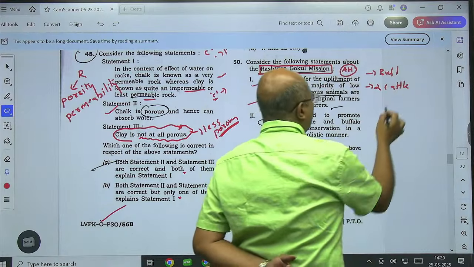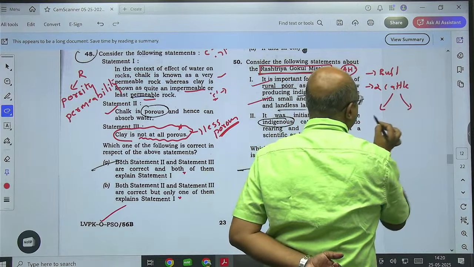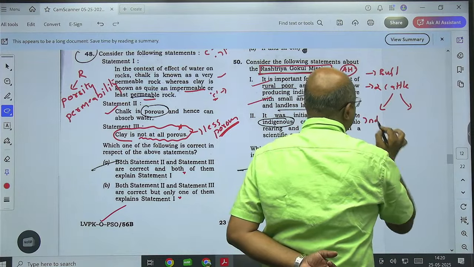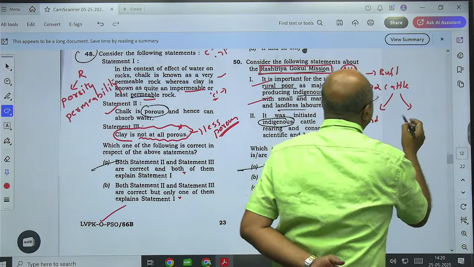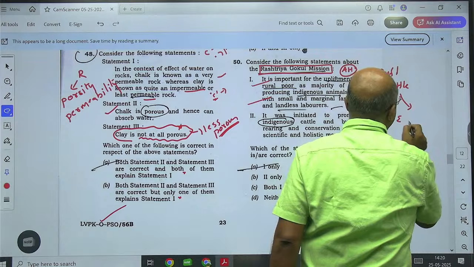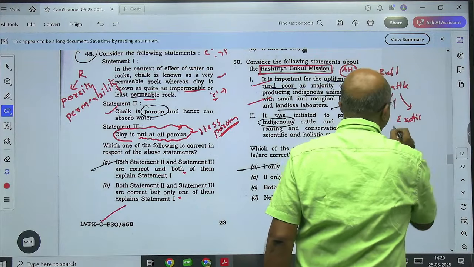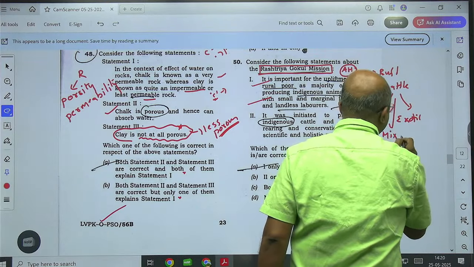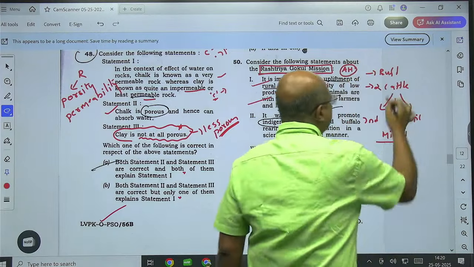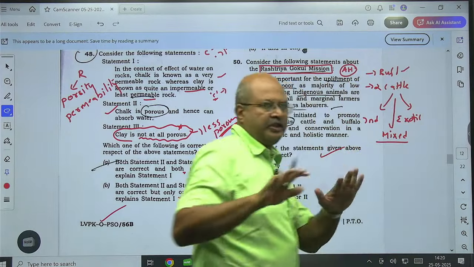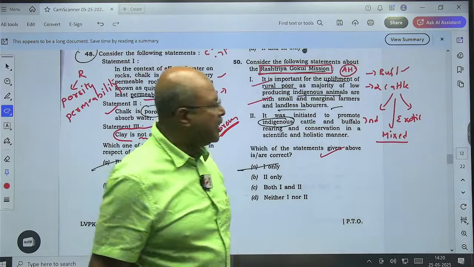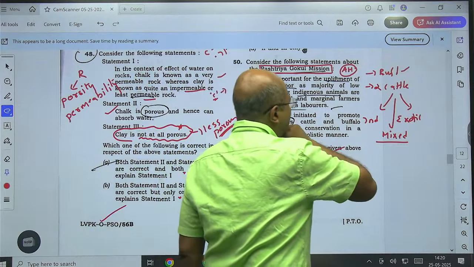When we talk about the cattle population, we have indigenous cattle, exotic breeds, and mixed breeds also. Buffaloes are all indigenous in the context of India, because their gene pool is confined to India.